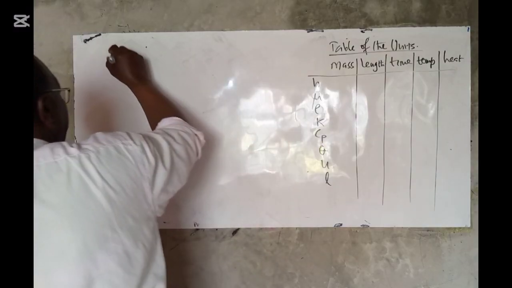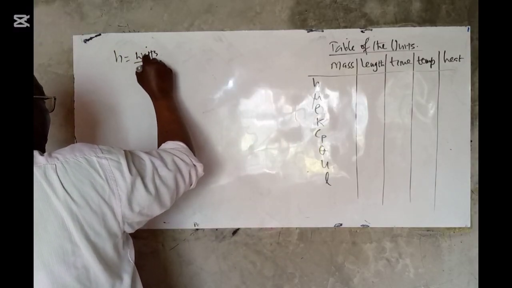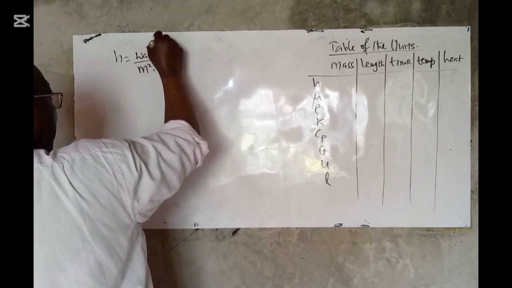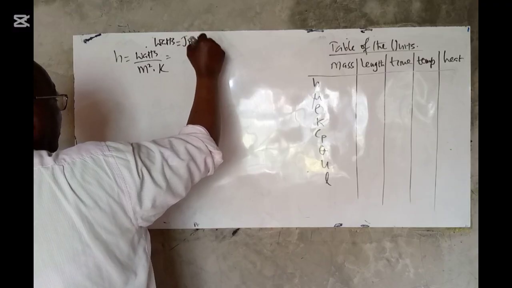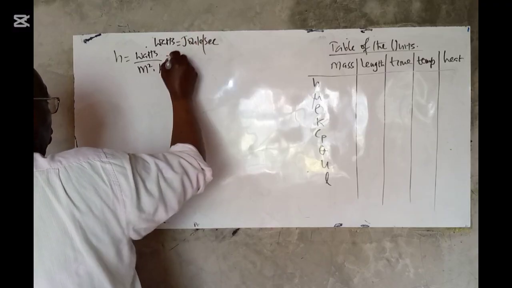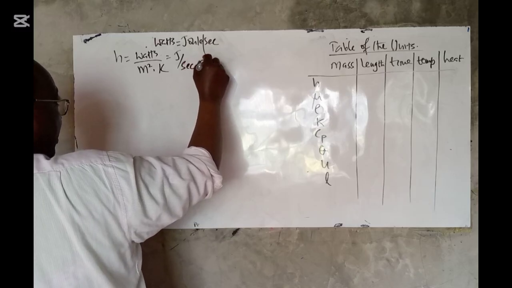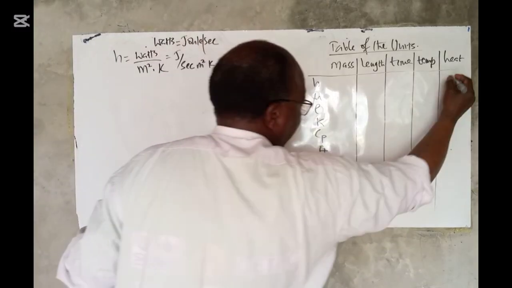Now, h we had said was watts per meter squared per Kelvin. And what is watts? Remember, it is joule per second. So we have joule per second, meter squared, Kelvin. Joule is heat.